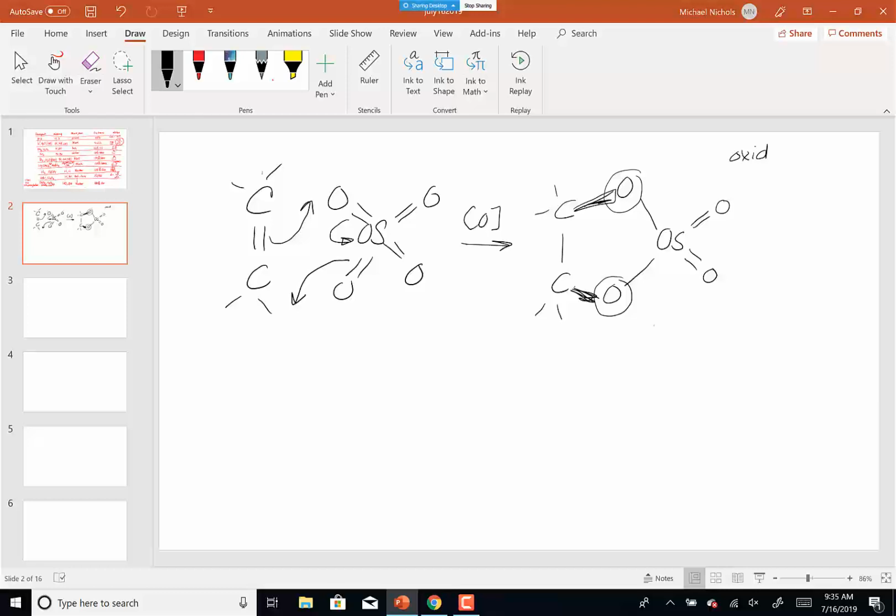Actually, it's always easier to keep track of oxygens and hydrogens than it is to keep track of electrons. So oxidation means that you're gaining oxygen or you're losing hydrogens, whereas in a reduction reaction, you're losing oxygens or you're gaining hydrogens.